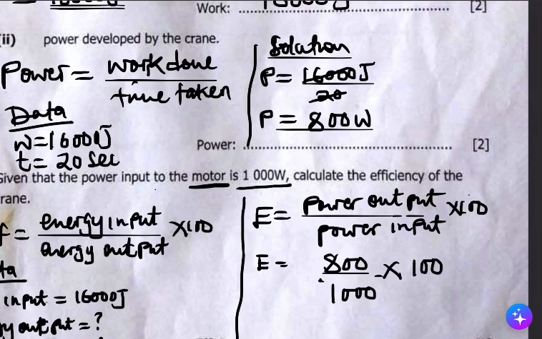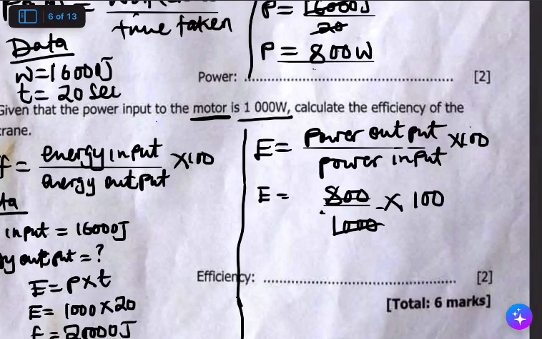Take note that I'm getting the power output from this calculation. The power developed by the crane is the power output, which is 800 watts. When you divide it by 1000, you get 0.8.